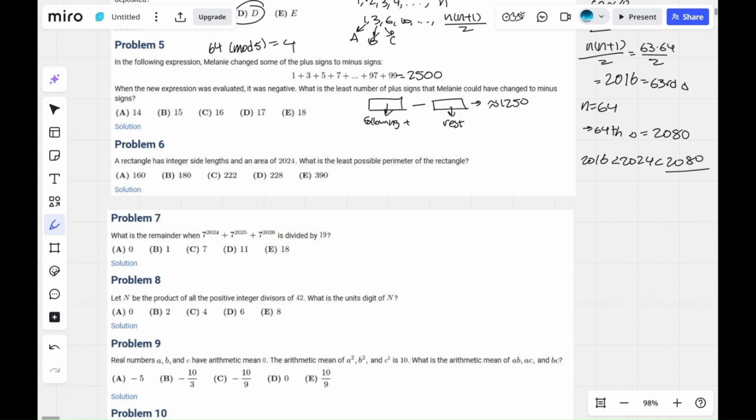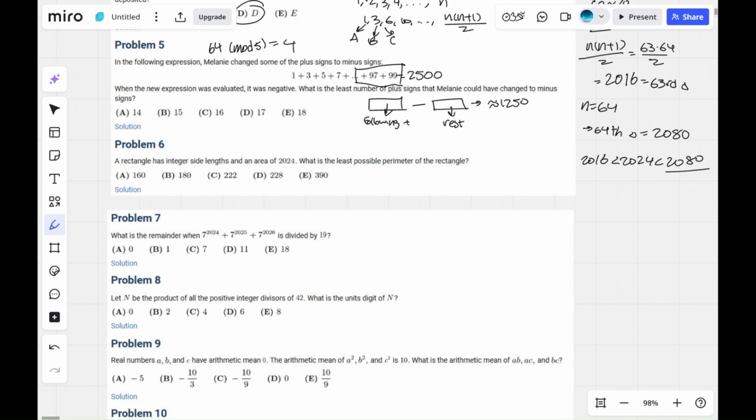So if we want to change the least number of plus signs, then we want to change all the signs in this part of the sum. So the last, the least amount of numbers so that it's negative, and the numbers are all in the last half, going from greatest to least.